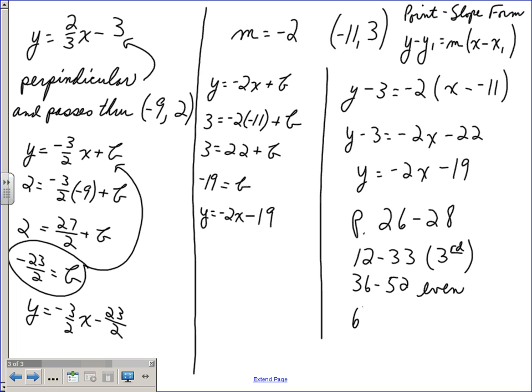And 62 through 64. You're going to find that in almost every section where we will do all the story problems. The book does a great job of giving you examples of how this stuff may be used. All right, this is our homework for today. This is section 1.3.